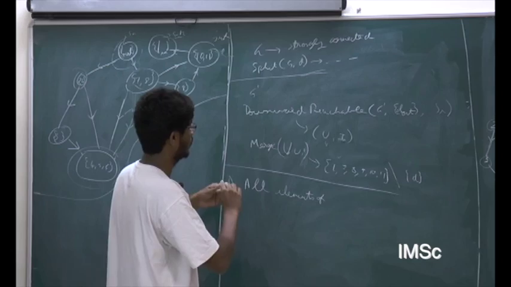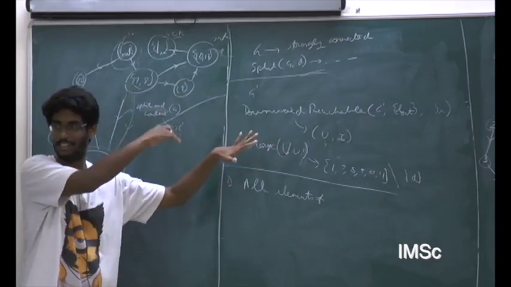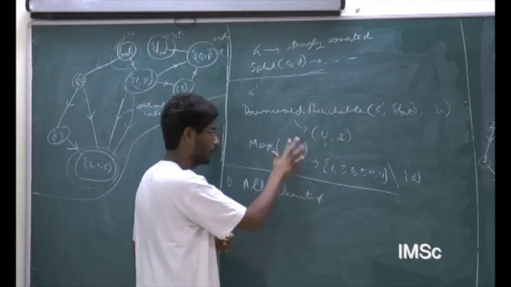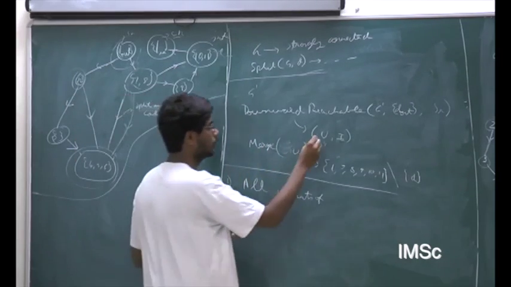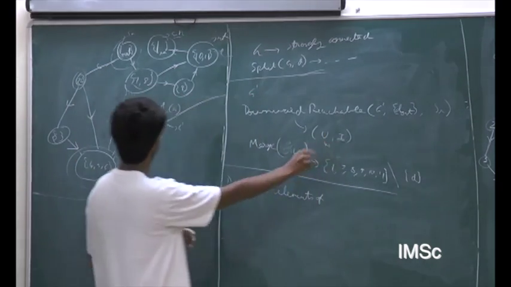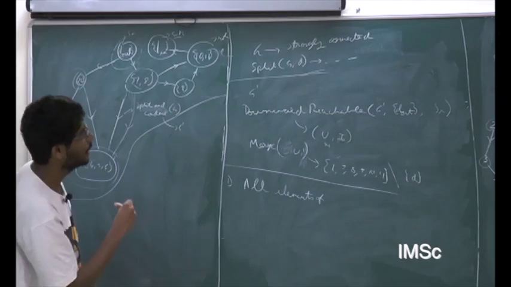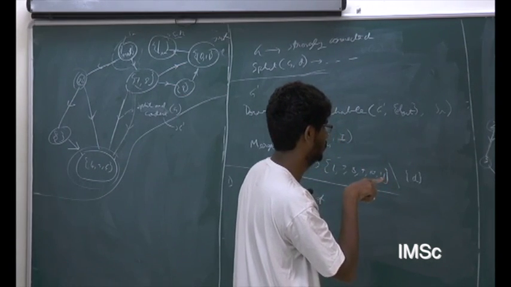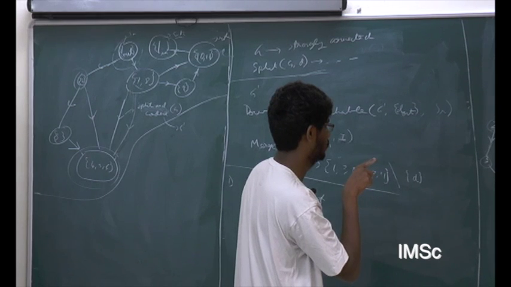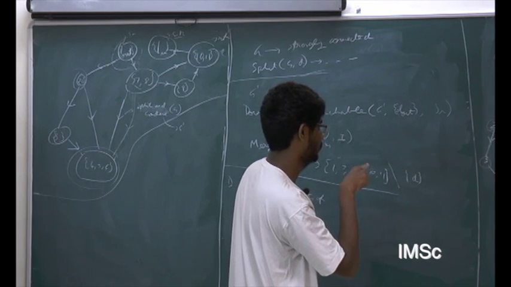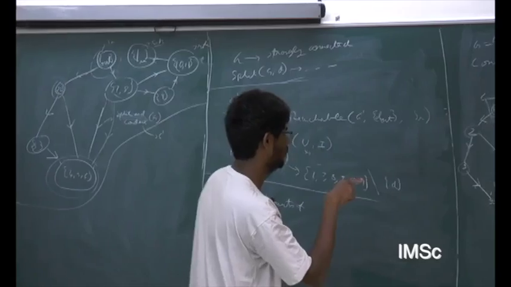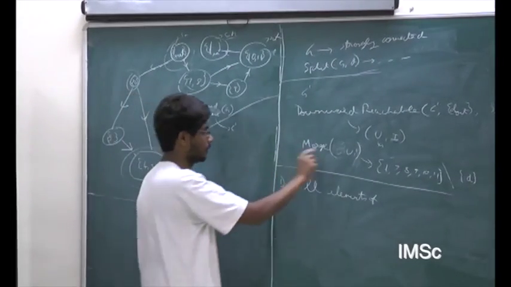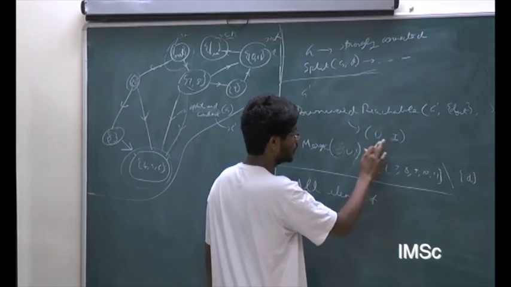Now let's do the other overloading of merge. Let's not take this union, let's take merge of U. So what was U? I believe maybe deleting 7, 8. U was a bunch of vertices.